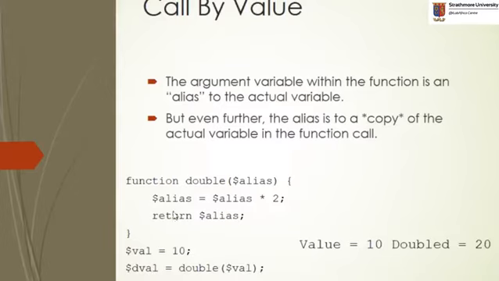The new value of alias is going to be 10 times 2, and the function is going to return the value which is 10 times 2. So in the results given on the right side, the value remains 10, but the double is now changed to 20.